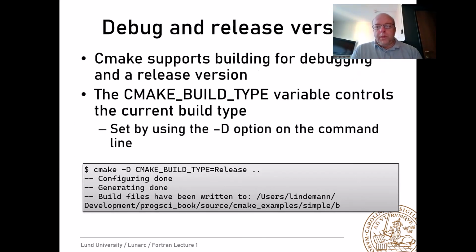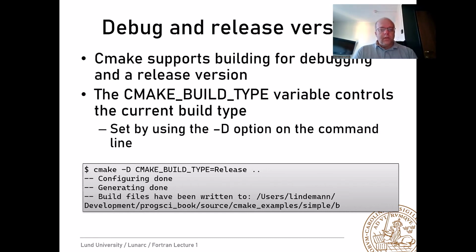You can also build both debug and release versions. Debug versions are binaries that are not optimized, but have instructions for debugging added to them. And you set the CMAKE_BUILD_TYPE variable to set what you want to build.